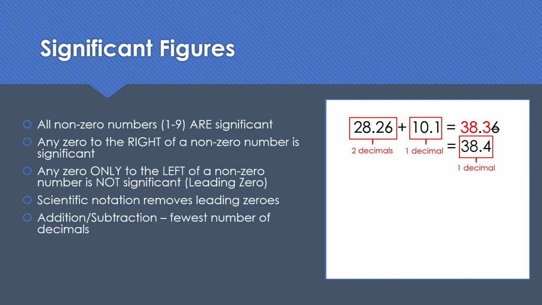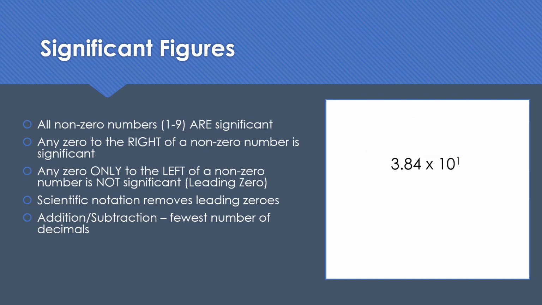So in this case, since it's a 6, which is 5 or higher, I'm going to round up and report my answer as 38.4, or 3.84 times 10 to the 1. Now, usually with numbers that small, you tend not to report them in scientific notation, but you absolutely can. It's just a little unusual because it's times 10 to the 1, which seems a little weird.